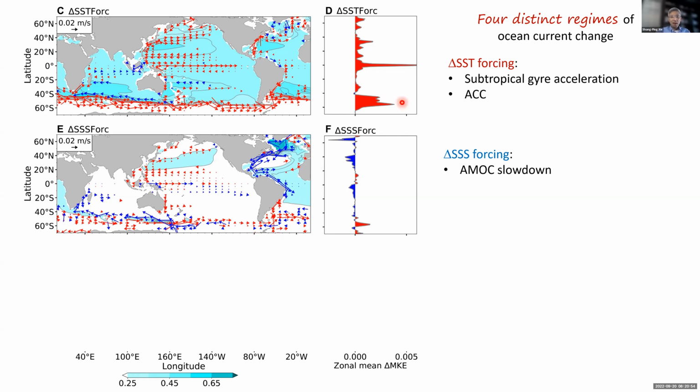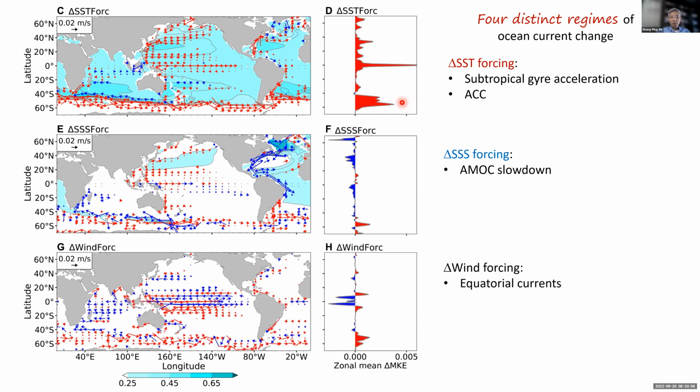And the last bit I briefly introduced was that the equatorial oceans remain highly sensitive to wind changes, and therefore wind changes are going to be the dominant driver for the equatorial oceans. And unfortunately, the current observations are highly ambiguous and in some sense contradict what the models are projecting.